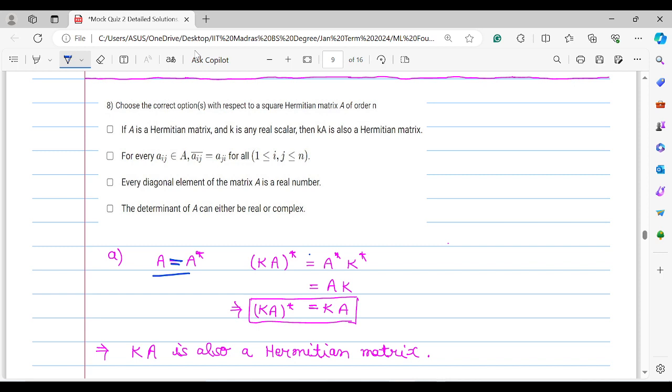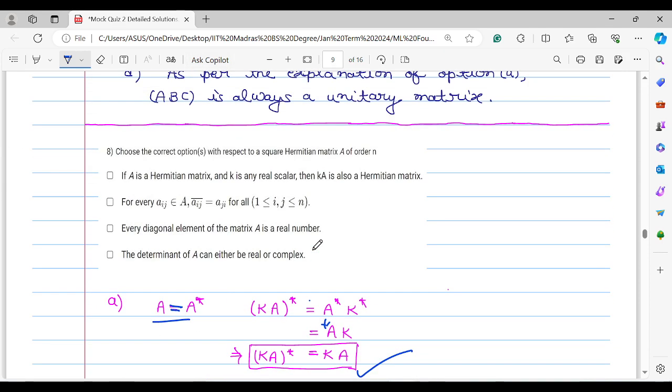Because K is real, K* is equal to K, and A is equal to A* because A is Hermitian. So we are getting KA, so KA is also a Hermitian matrix because this property holds true. So option A is correct.